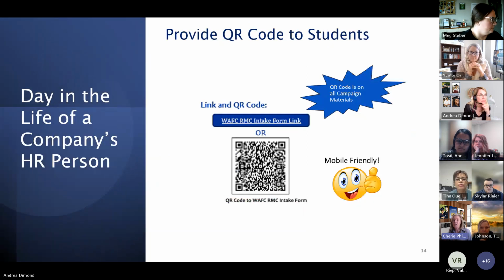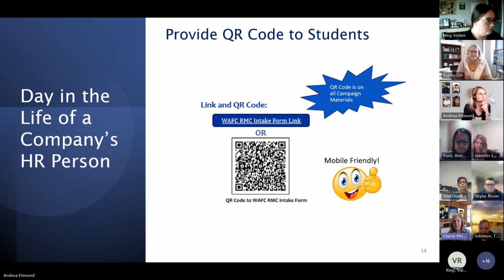Okay, on the next page, in the campaign materials and also right here on this slide are the QR code and the live link for you to get all of your new applicants to go to the WAFC's RMC intake/application form, which Andrea just showed you.